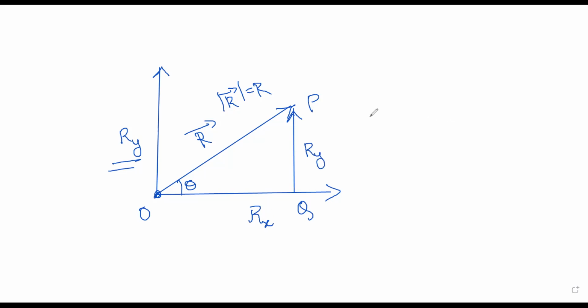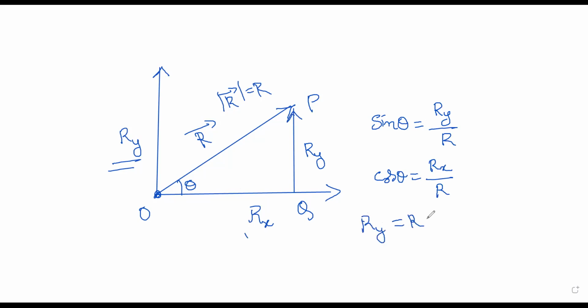Now sine theta is nothing but Ry divided by R, and similarly cos theta is nothing but Rx divided by R. It's very simple. So Ry happens to be R sine theta, and Rx happens to be R cos theta.